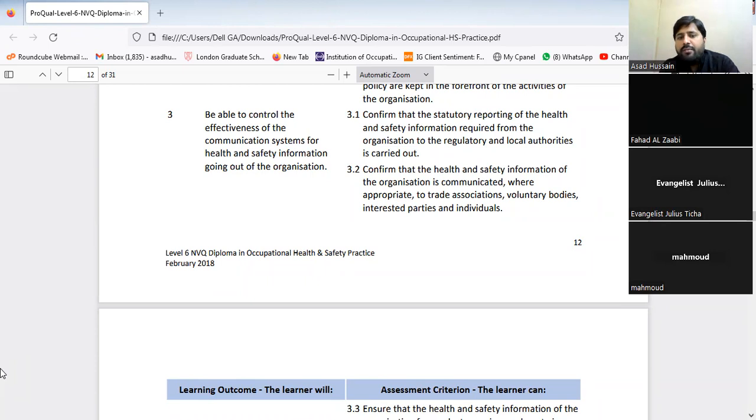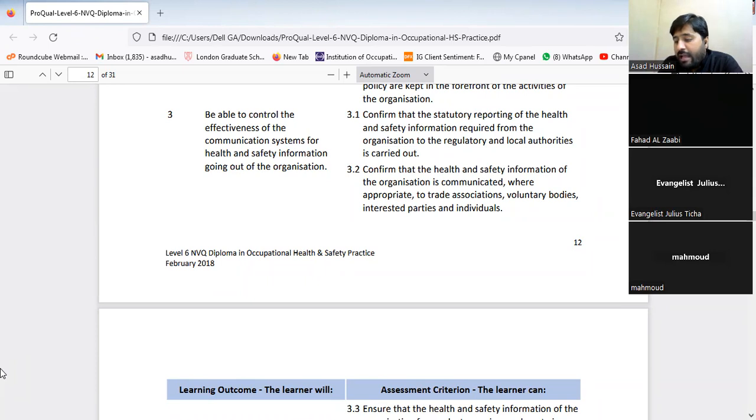For this purpose, we have 4 assessment criteria here. The 3.1 is confirm that statutory reporting of the health and safety information required from the organization to the regulatory and local authorities is carried out.